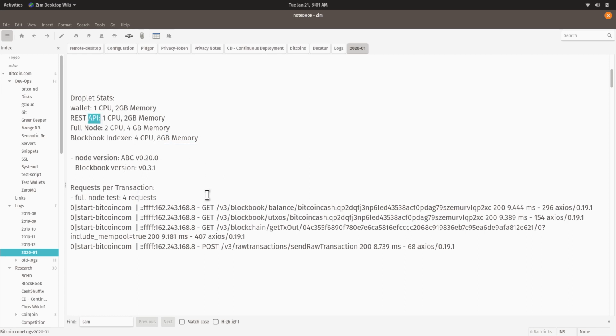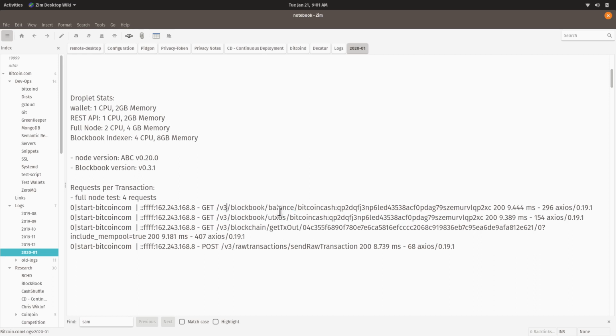So the flow for one transaction in this test looks like this. The wallet app gets the balance of a Bitcoin Cash address. What sets this test aside from other tests like the indexer test is that all of the UTXOs that are going to be spent have already been staged and confirmed, so the indexer doesn't need to do much other than report its current state of the database. That's what makes this test more of an emphasis on the full node.